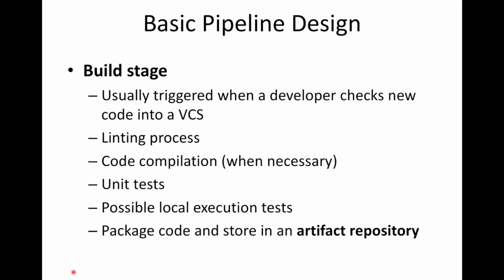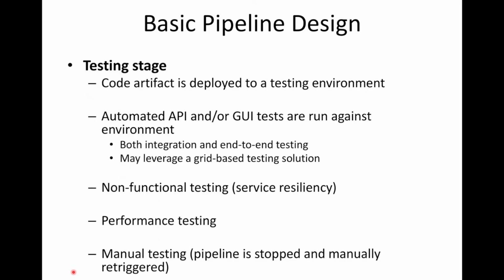Now, after our code has passed the build stage, it's going to move on to the testing stage. And in the testing stage, our code artifact is oftentimes deployed to some sort of testing environment. In the testing environment, we're going to run automated GUI tests.